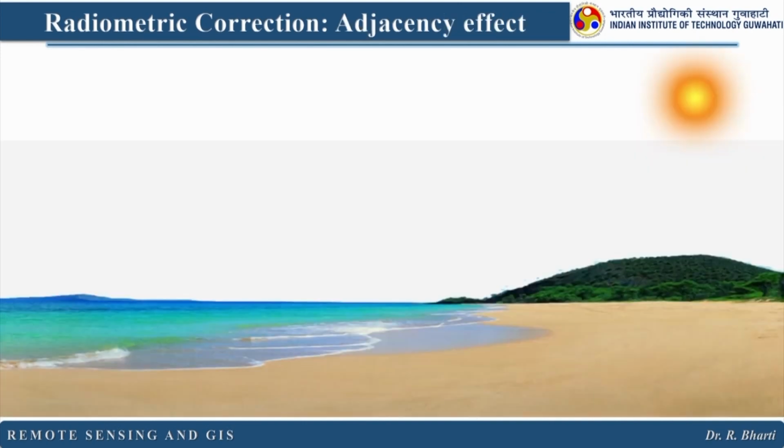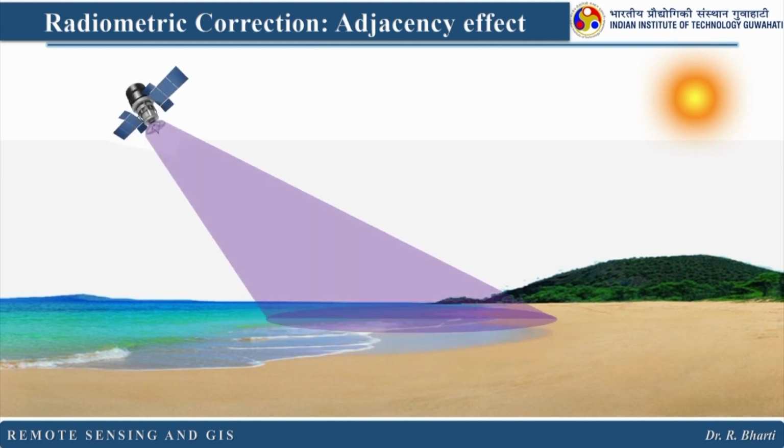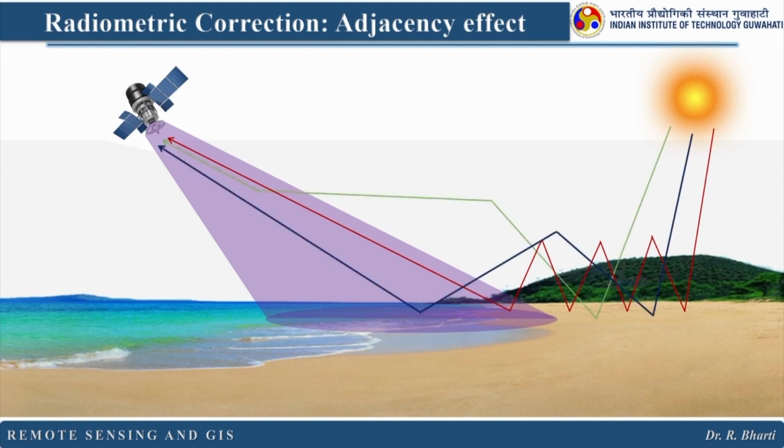Now, next problem is adjacency correction. So, adjacency effect is basically, this is very critical. Now, you have to understand this particular case. In this particular case what is happening, sun is illuminating our surface and a sensor is active in this particular area, right, and it is measuring the energies which are coming from different sources, right. So, what is happening, suppose you have pixels lying next to each other.